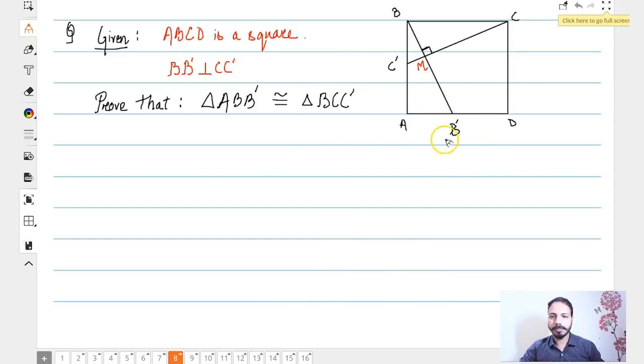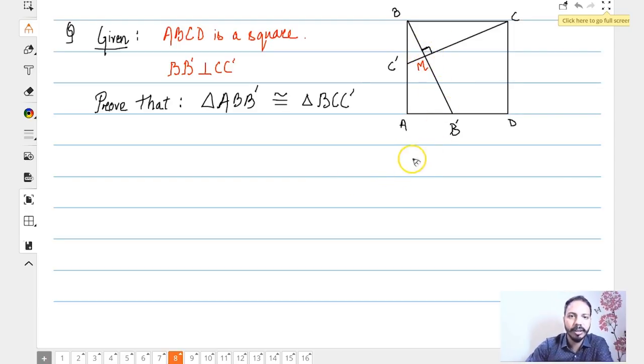So in this type of question, they can give you a quadrilateral with triangles inside, and they will ask you what the relationship between the triangles is. For example, here it is given that ABCD is a square, right? And there are two lines: from vertex B we have a line BB dash, and from vertex C we have a line CC dash, such that these two lines are perpendicular to each other.